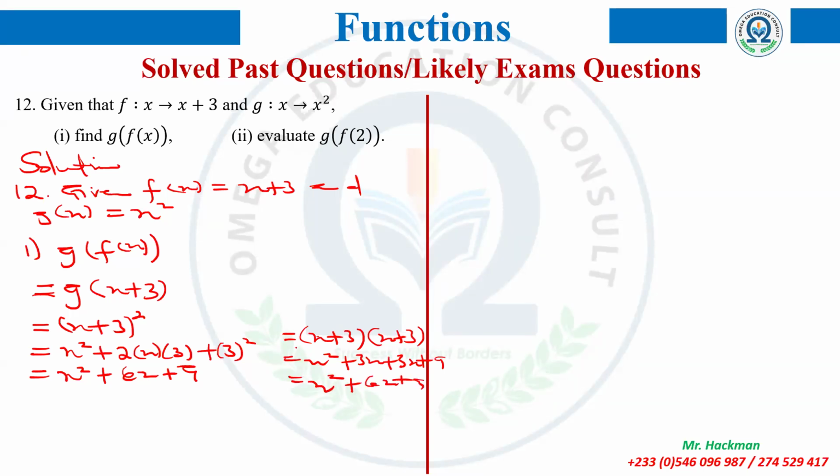But by the time you even write this, I will be through and we will be through with our final answer. The fact that you've written more doesn't mean we'll give you more marks. So the person who handles it maturely will get the 4 marks as well. So at this point, you draw your conclusion. Therefore, your g of f of x will be equal to x squared plus 6x plus 9.